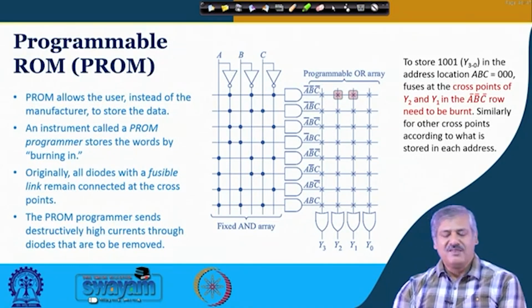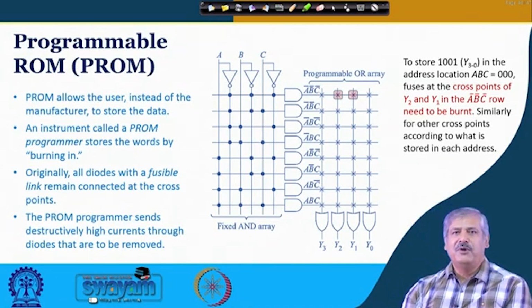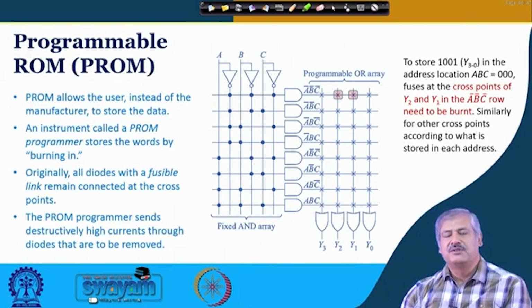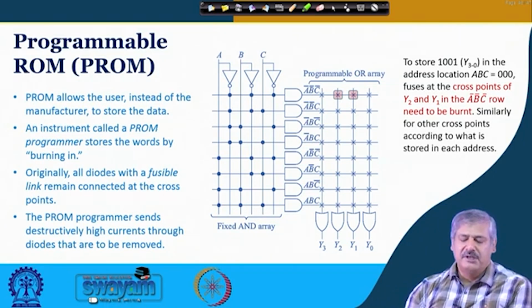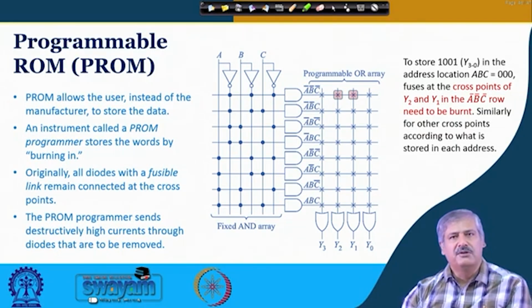Okay. So, so far what we have discussed is ROM, where the pattern is ingrained, prepared in the factory itself. But if a developer wants to put his own pattern, he cannot send it to the factory, for which we have what is called programmable ROM.